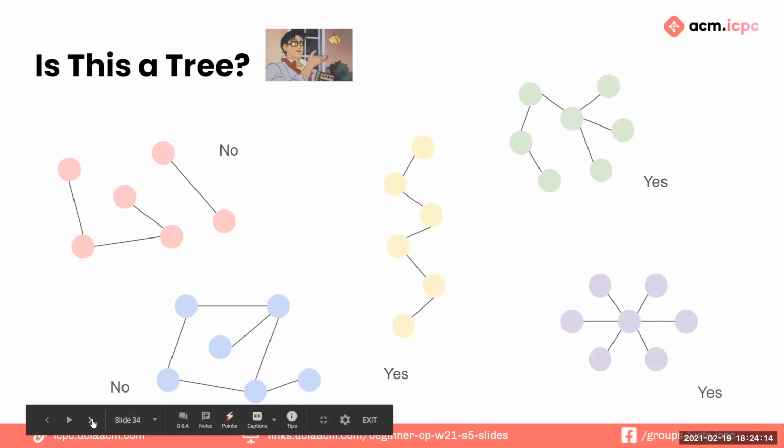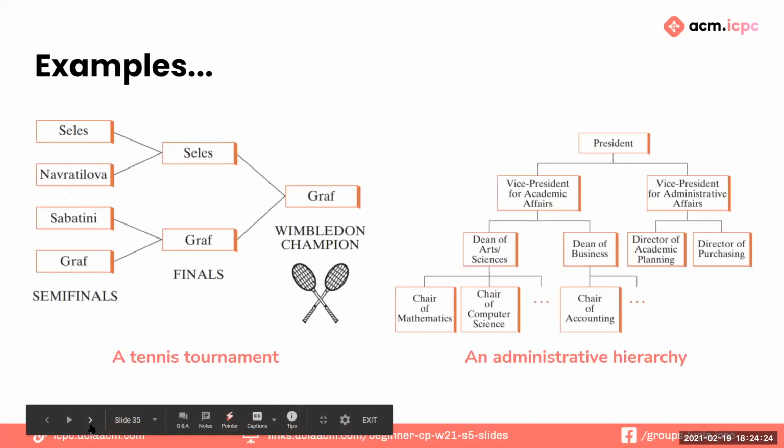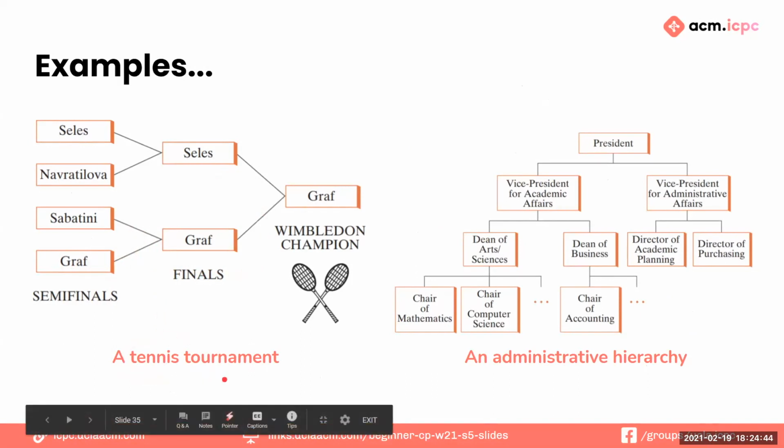And so it turns out trees appear a lot more than you'd think inside graph theory and in real life. So for example, here's an example of a type of tree. You could see here's just a random tennis tournament where every vertex represents the outcome of a game, and then every edge represents essentially a match. And so you can represent a tennis tournament or any type of tournament using a tree.